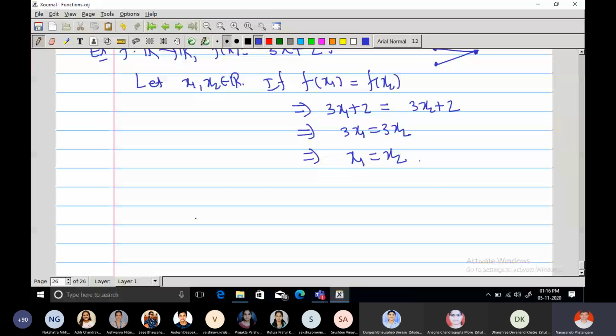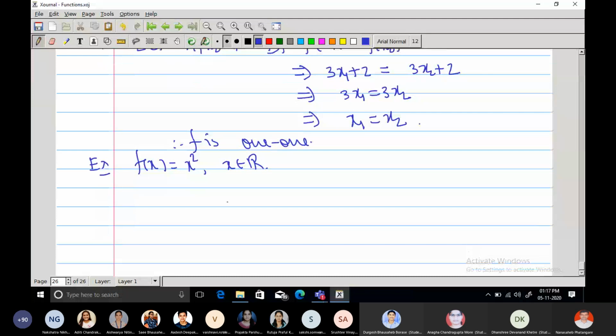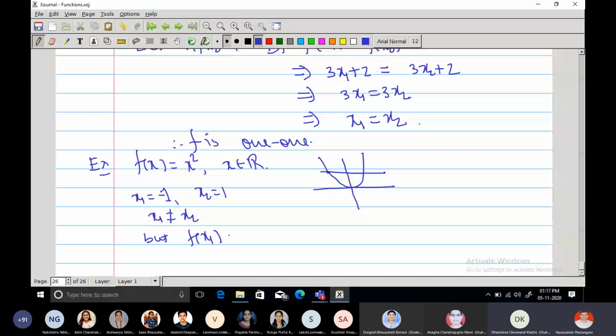If you look at f(x) equal to x squared on R, is this function 1-1? No, because if you look at the graph, there are many points. If I take x1 equal to -1 and x2 equal to 1, then certainly x1 is not equal to x2, but f(x1) is equal to f(x2).